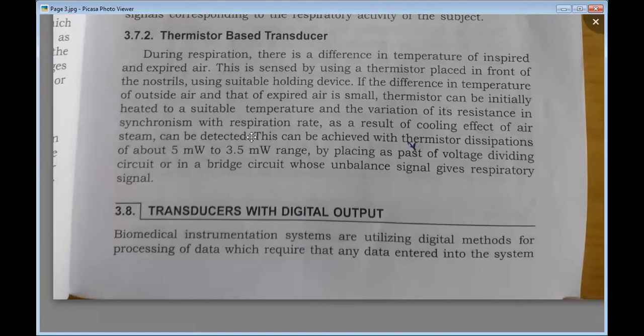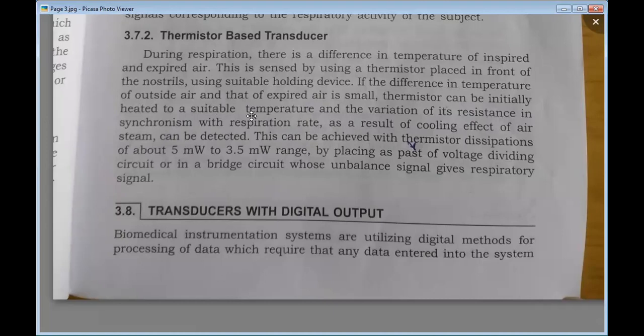So in this case, the difference in temperature between outside air and expired air is small, the thermistor can be initially heated to a suitable temperature, and the variation of its resistance is in synchronism with the respiration rate as a result of the cooling effect of the air stream.